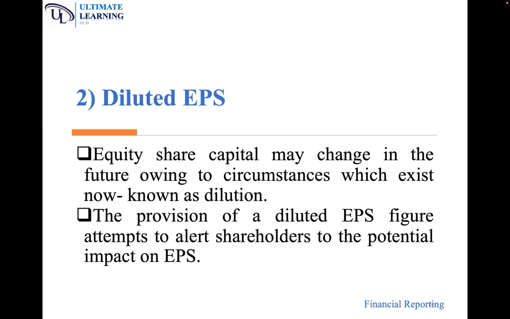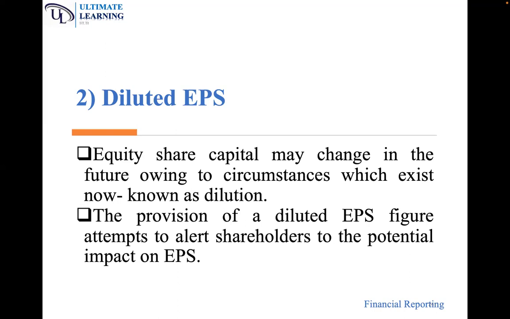So in our today's session, let's start with diluted EPS. So we are saying in this case, equity share capital may change in the future owing to circumstances which exist now. So in this case, we are trying to say our proportion of ordinary shares maybe in 2 years' time may change due to decisions that were made today, circumstances that happen today.